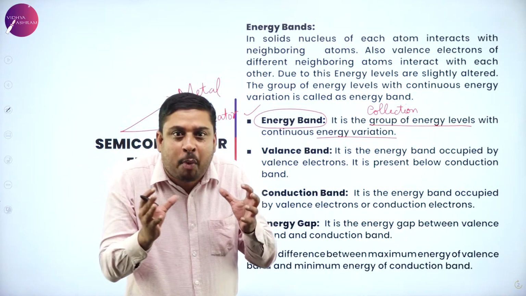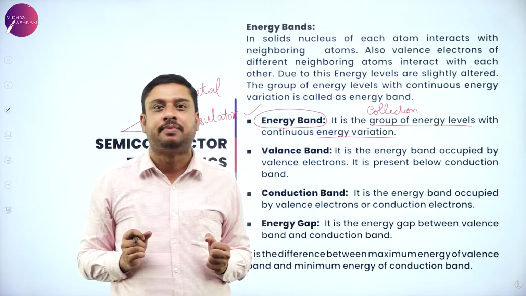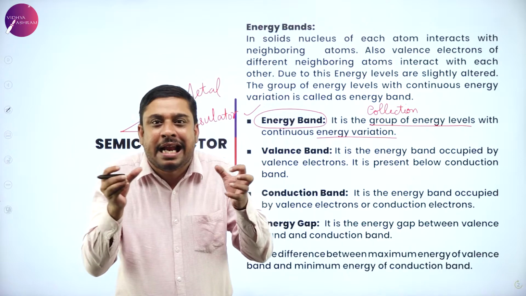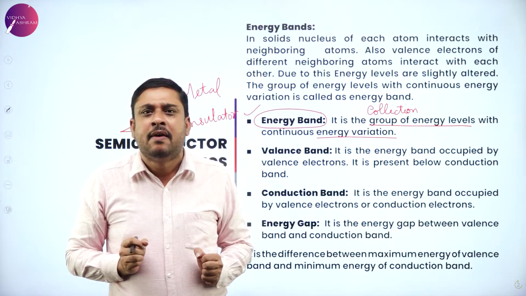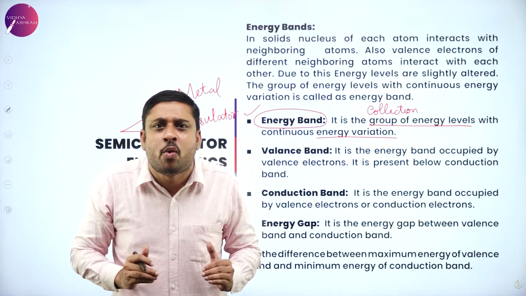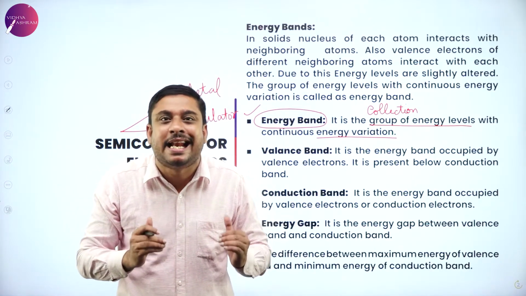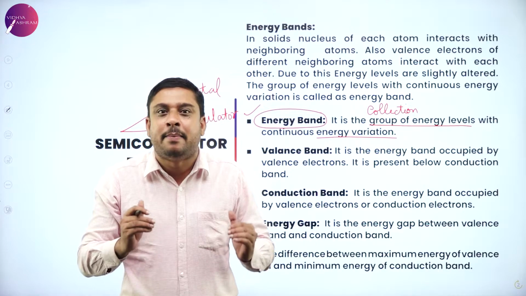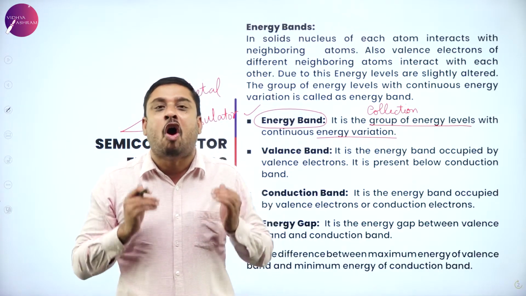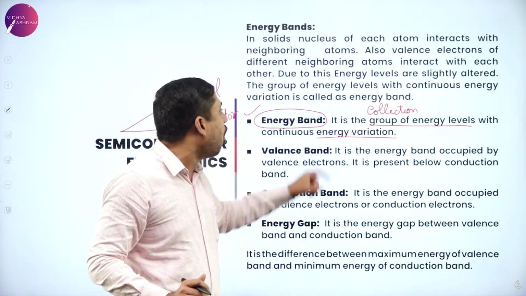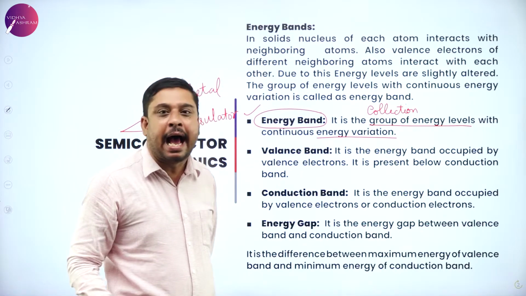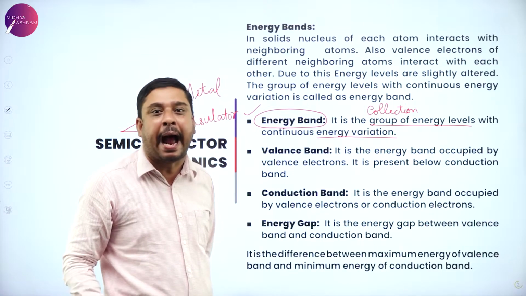So a group of energy levels, a collection of energy levels where there is continuous changes in energy, maybe excitation or de-excitation of charges, is what we call as an energy band.